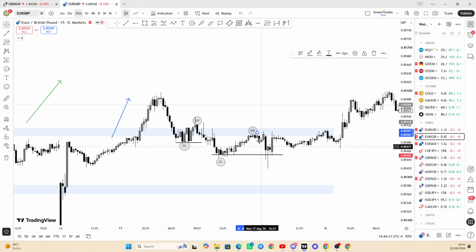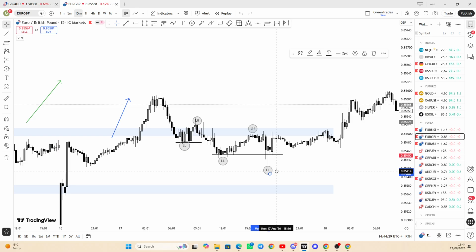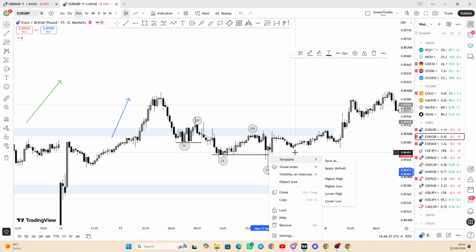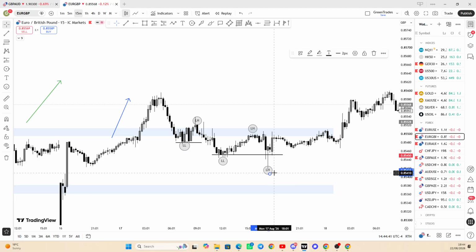And then what you're looking for, if the market was going to continue to be bearish, is that a new lower low would have been formed at this level as well. Then we'll know that the market was going to continue. But what happened? That lower low was not formed. What we had here was a lower high.